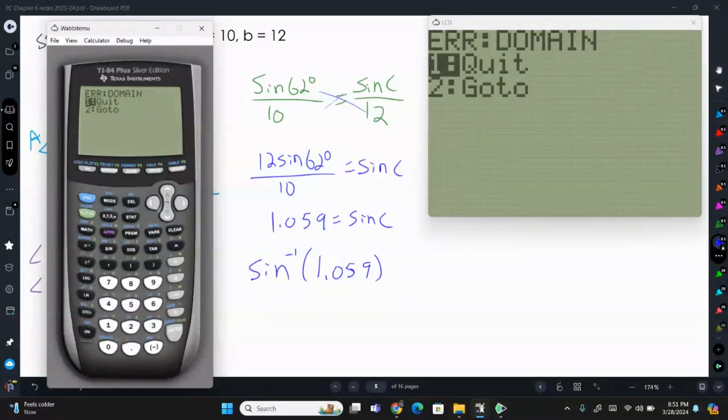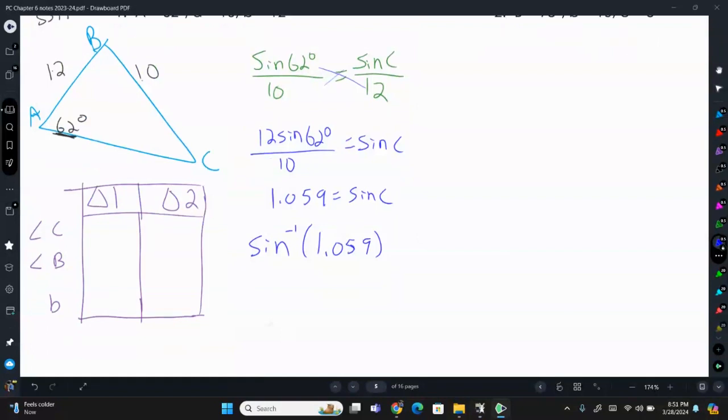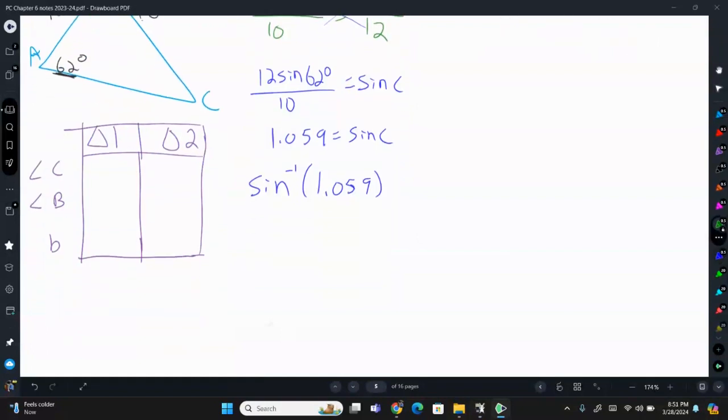See, when I hit that, I get error domain. So that means there are no triangles at all. So we don't even have to worry about the possibility of a second one because the first one doesn't even exist.